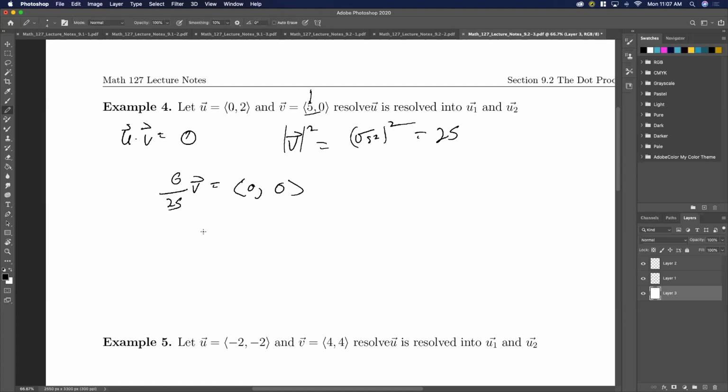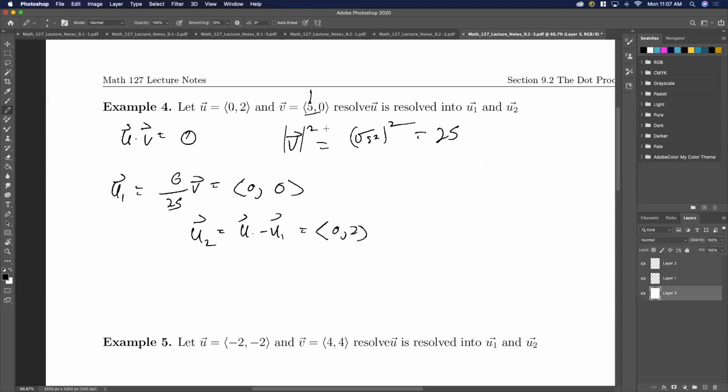And then here if I have u minus, so this is u1, and then u2. I remember why I did this one. I should have done this one first and then that one second. I can swap that in my notes. Is u minus u1. So this of course is 0, 2, because 0 minus 0 and 0. So let's look at this real quick.